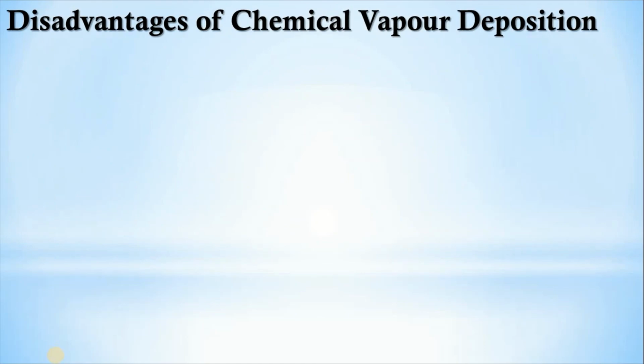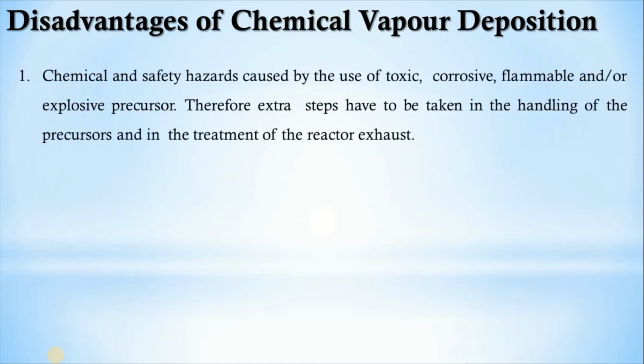Also it has some disadvantages. What are they? The chemical and safety hazards caused by the use of toxic, corrosive, flammable or explosive precursors. Therefore, extra steps have to be taken in the handling of the precursors and in the treatment of the reactor exhaust.